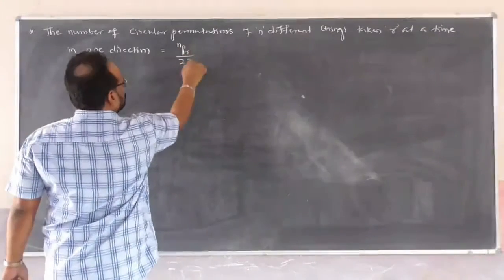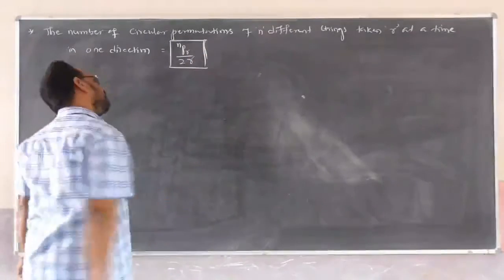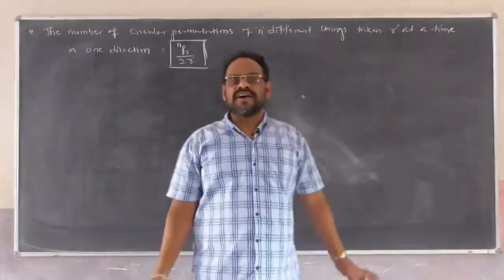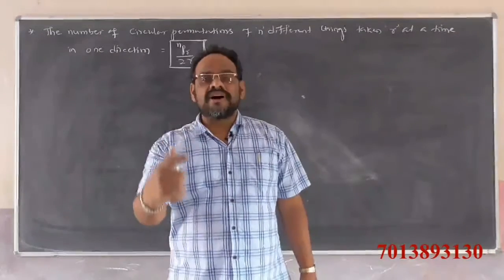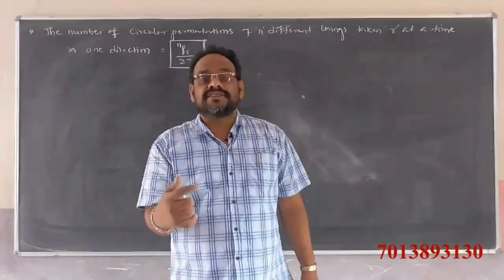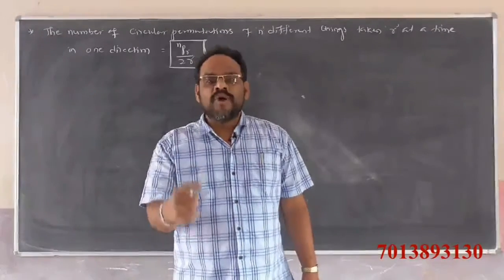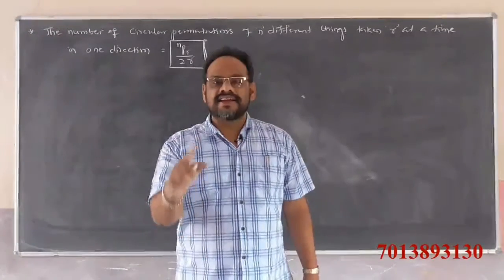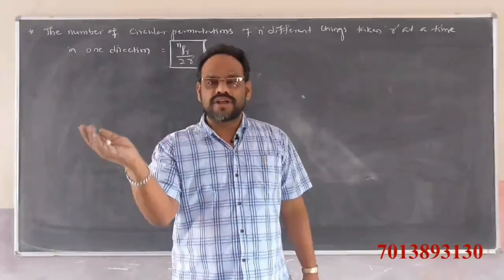nPr by 2r. Already we discussed before that the number of circular permutations of n different things taken all at a time in one direction is half of n minus 1 factorial, that is n minus 1 factorial by 2.